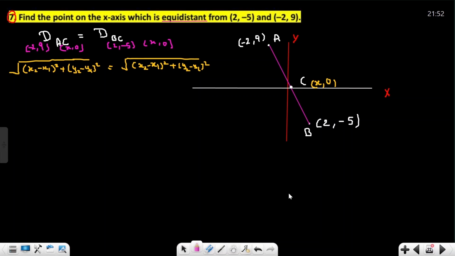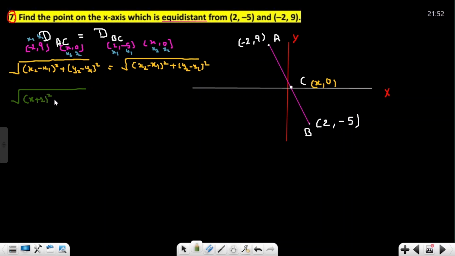Give the names x1, y1, x2, y2, and put the values. The x2 value is x, the x1 value is minus 2. So x minus minus 2 becomes x plus 2.